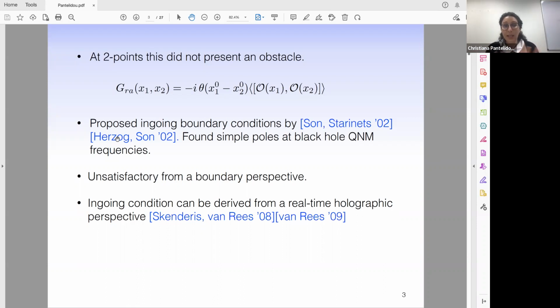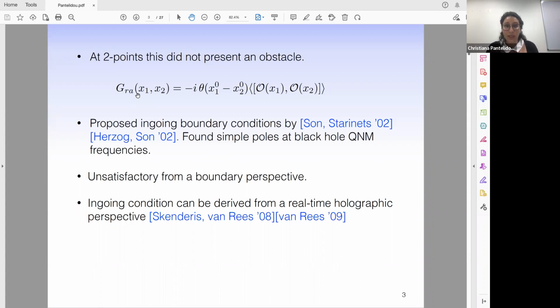Okay, so this is the extra ingredient that one needs in order to fully fix the observable that we are interested in, in this case the two-point function. Now, this prescription not only gave the correct result for this retarded two-point function, but also gave rise to a very beautiful result that connected this linear response with the black hole ring down.